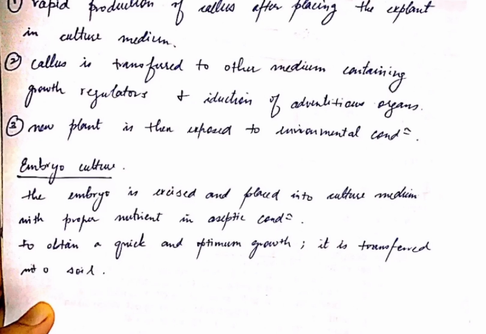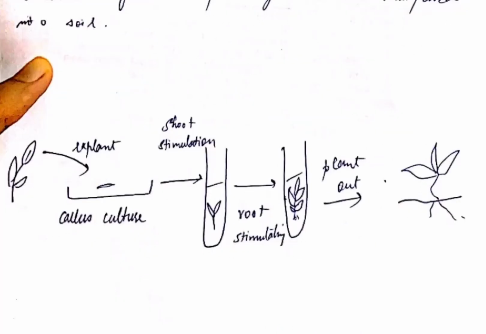Next type of culture is embryo culture, in which the embryo is excised and placed onto the culture medium with proper nutrients in aseptic condition. This is the diagram drawn for callus culture, which shows it step by step.